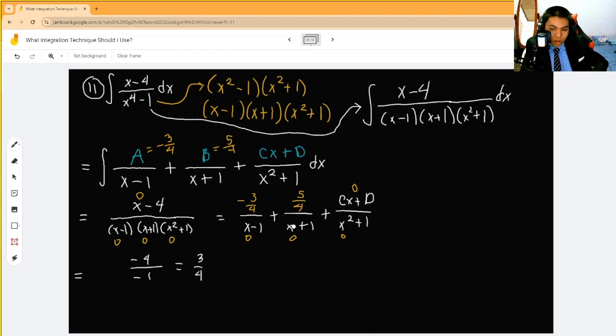And then 0 plus 1 is 1, so 5/4 divided by 1 is simply 5/4. And since x is 0, the denominator is 1, so we have plus d, right?